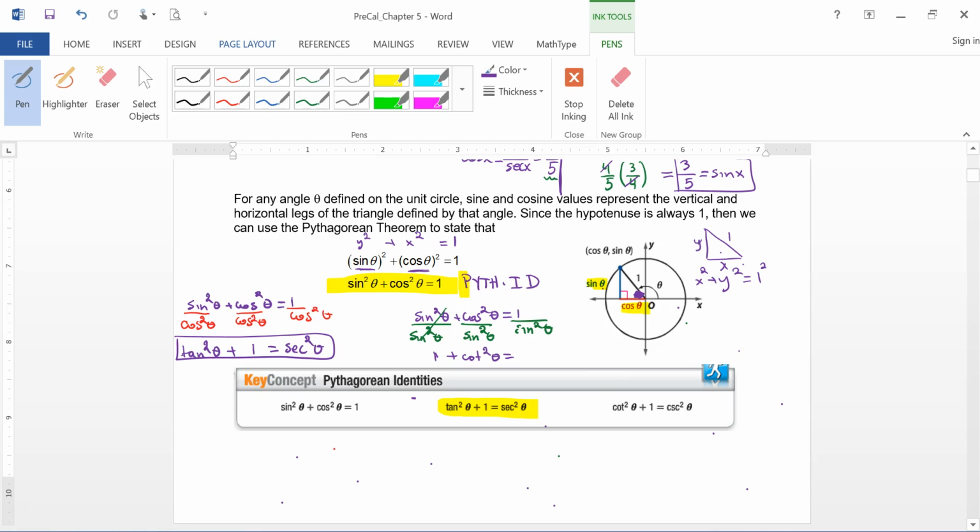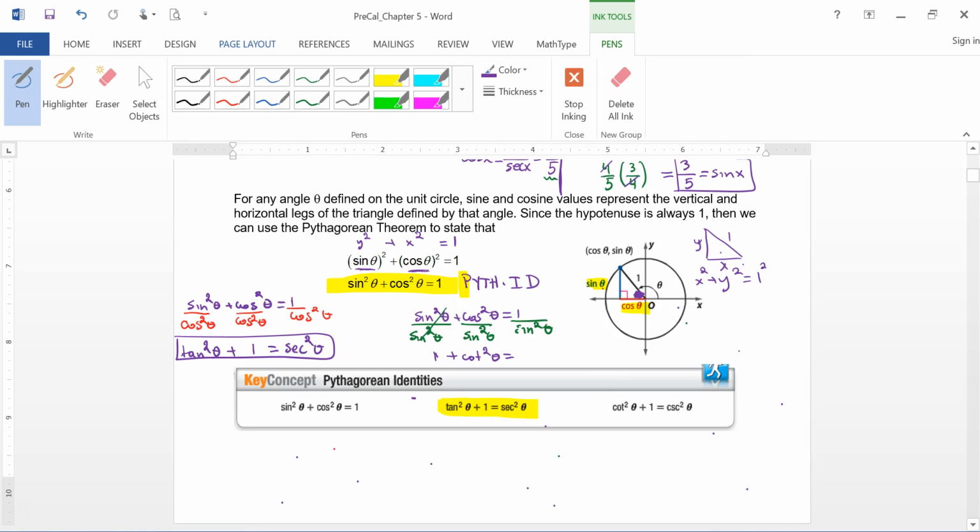All right. Odd and even identities. We've touched on this for a little bit. If your angle is negative, the sine is an odd function. So what it does is it takes the negative and spits it back out. If you have a negative angle, the cosine engulfs the negative, makes it go away.